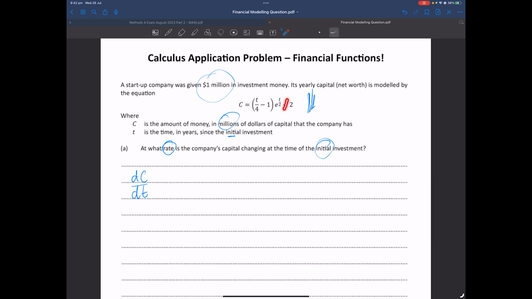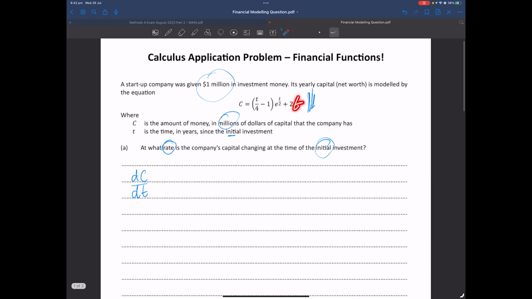So I can effectively just ignore that. If that was 2t, for example, I'd be working out the derivative of this, plus the derivative of 2t, which would be 2, right? But it just says 2, so I don't have to worry about it. But keep that in mind. At first blush, this is going to be the derivative of two things that have been added together, but this part will disappear.